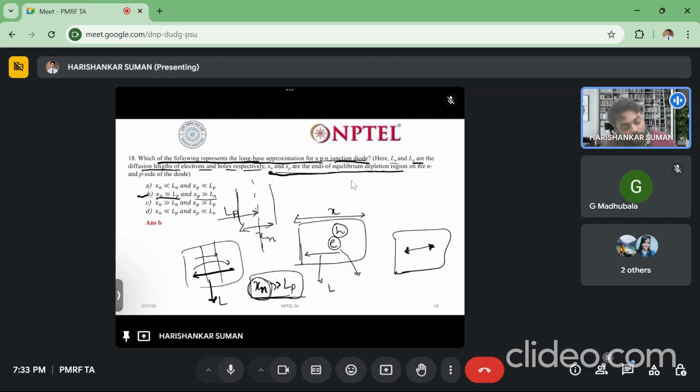So what does this mean? The hole cannot move from the P side and cannot cross the depletion region to the n side. Similarly, an electron also cannot travel that much length, because the diffusion length is less than the depletion region of the p side or n side.